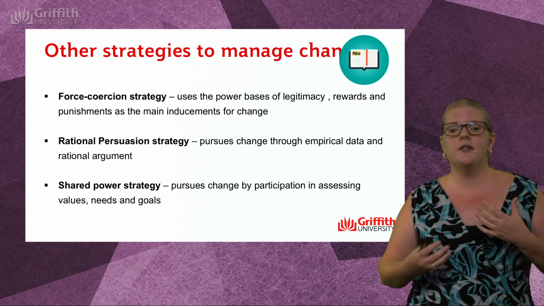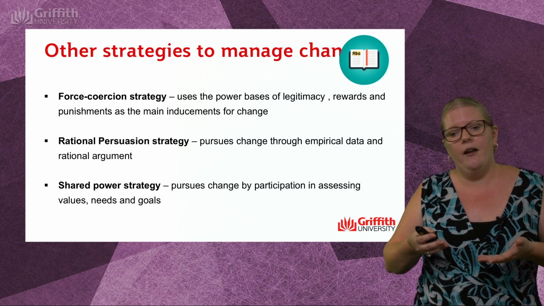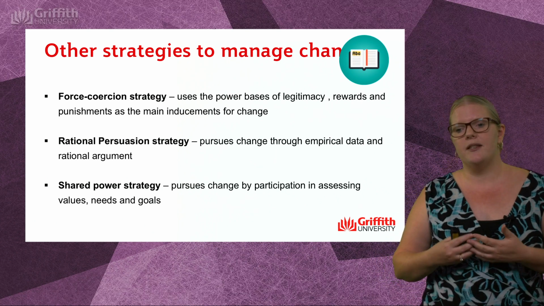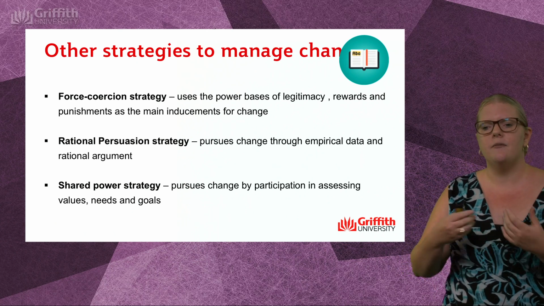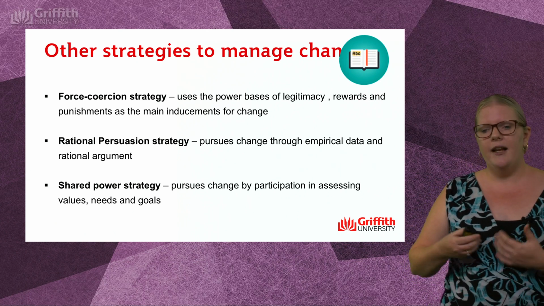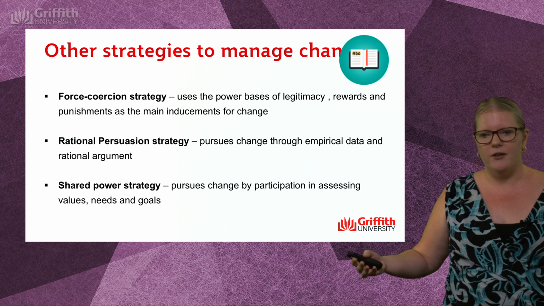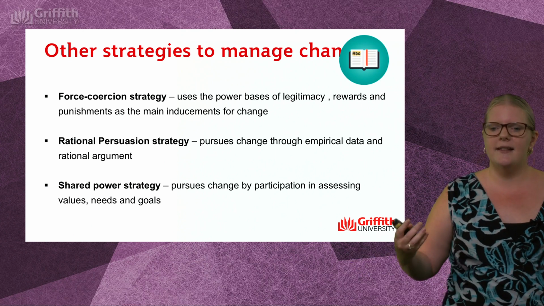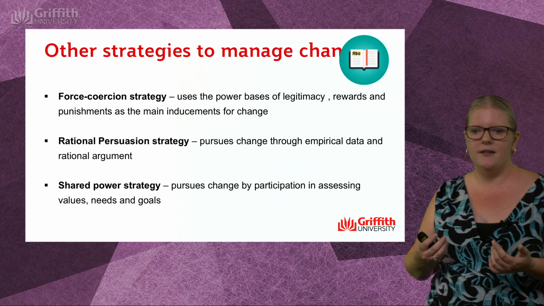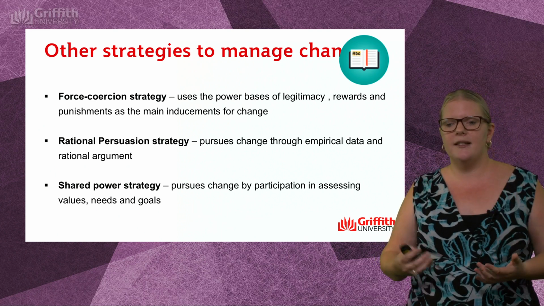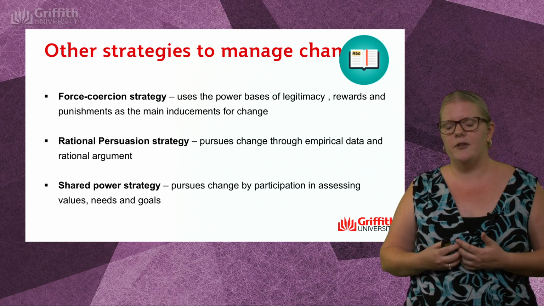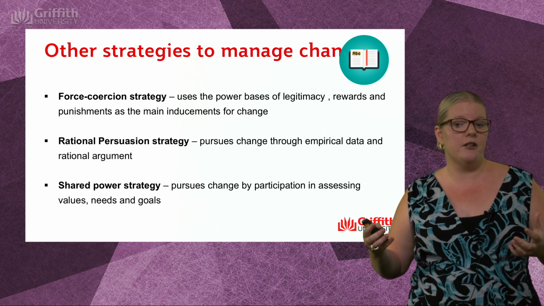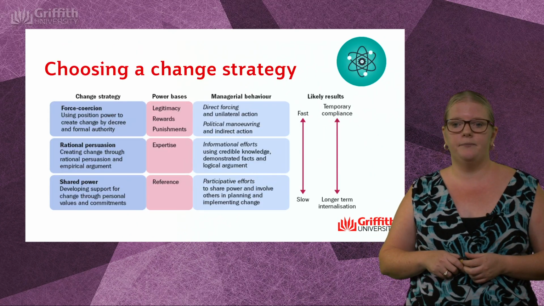So it relies on this rational argument to influence people's perceptions of urgency through this empirical data. The other strategy we can use is the shared power strategy. All right, so we can assess the values, needs, and goals of others. But the idea is that people participate in this change, and that's where we use consultation processes.